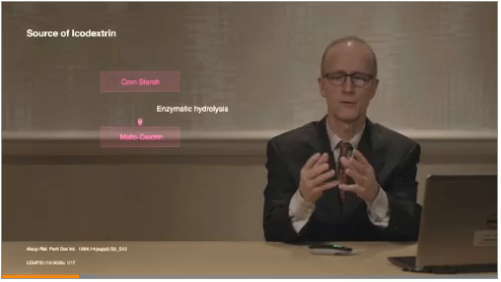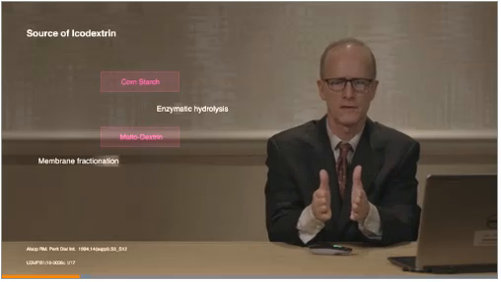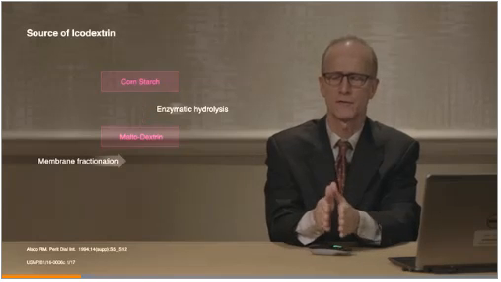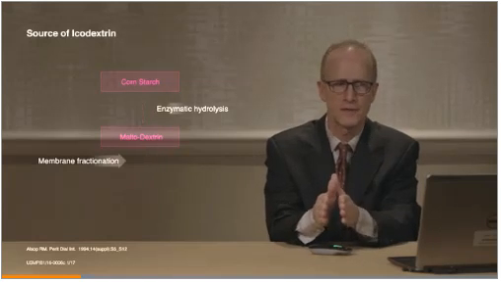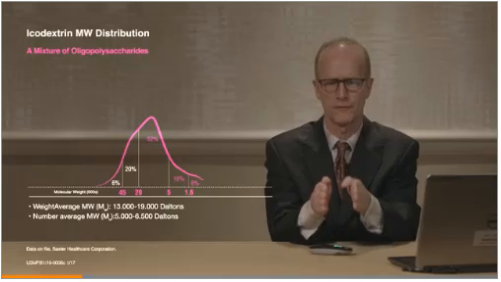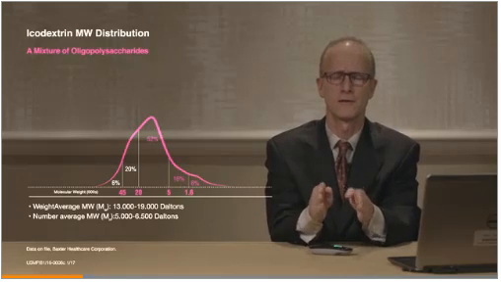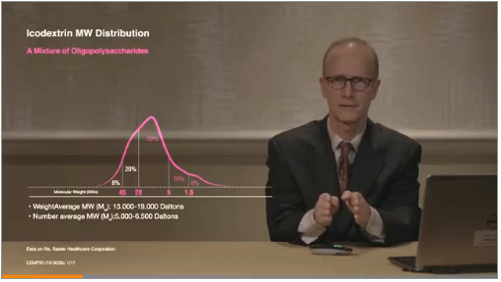And then that is poured through a filtering membrane that further selects a fraction of a certain size, and that size is called icodextrin. And this is a slide that just shows the different molecular weights of that little fraction. It is a mixture of these different sizes of little chopped up oligopolysaccharides.